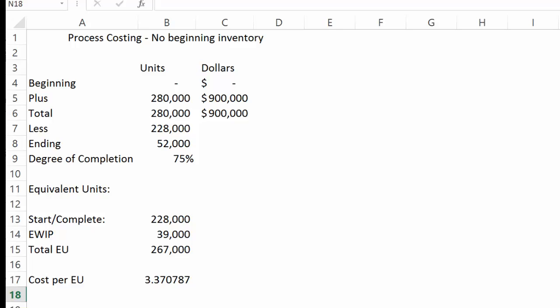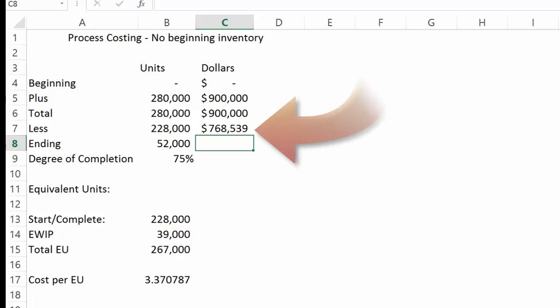So now that we have that cost per equivalent unit, what we want to do is take the 228,000 times this cost per equivalent unit, and I'm rounding that to the nearest whole dollar. So we have $768,539 attached to those units.